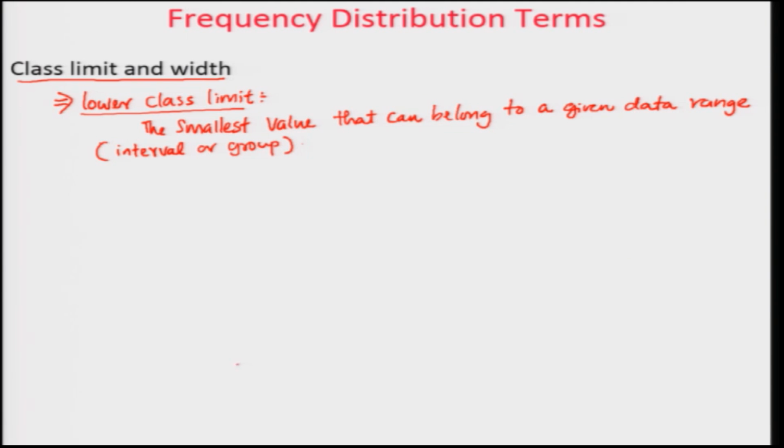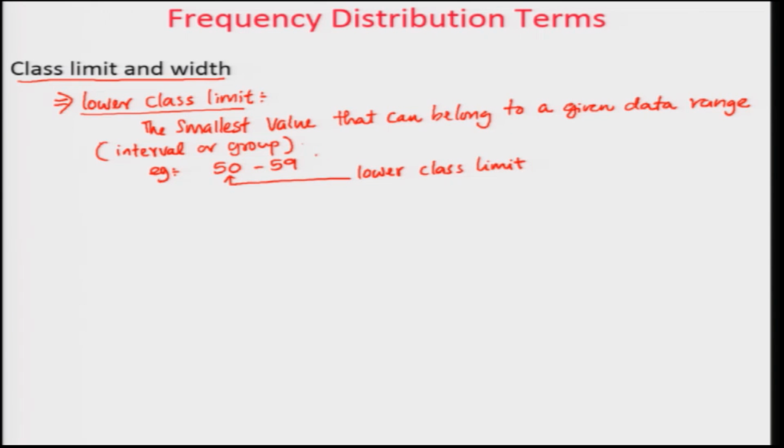For example, in 50 to 59, this 50 is the lower class limit.